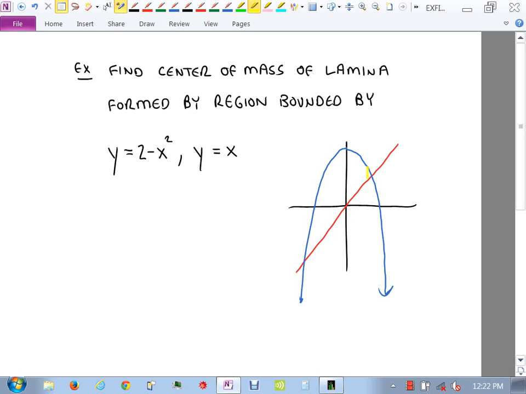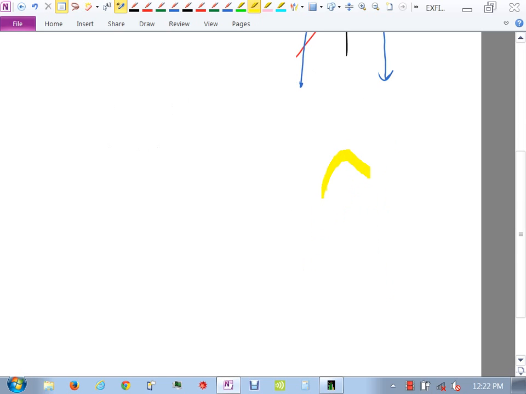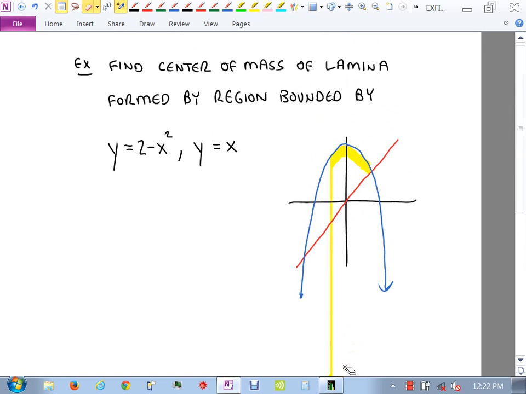And so we want to know for this region, if I were to cut that out, try and balance it somewhere, where is that center of mass? The book also refers to this as the centroid. The centroid is like the center of mass.